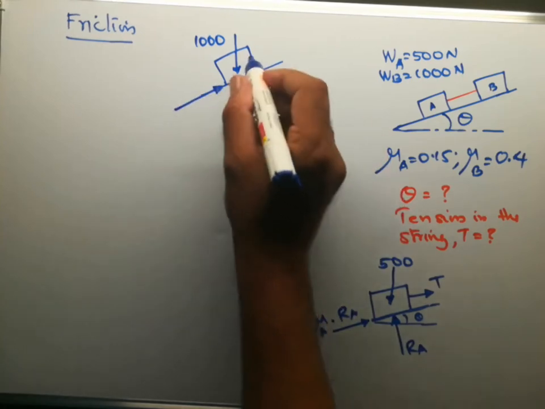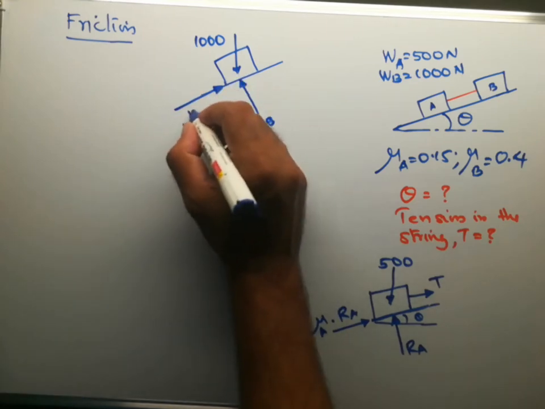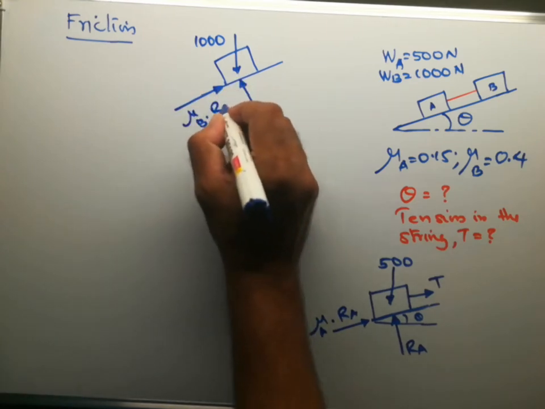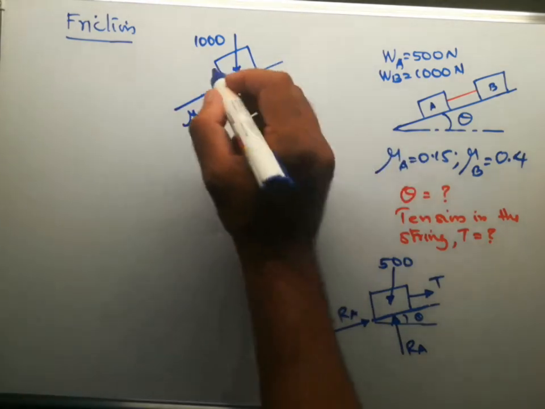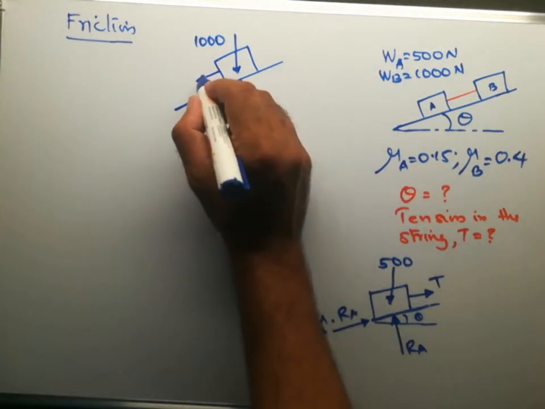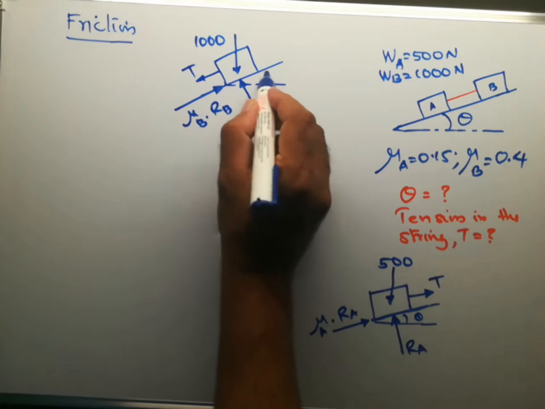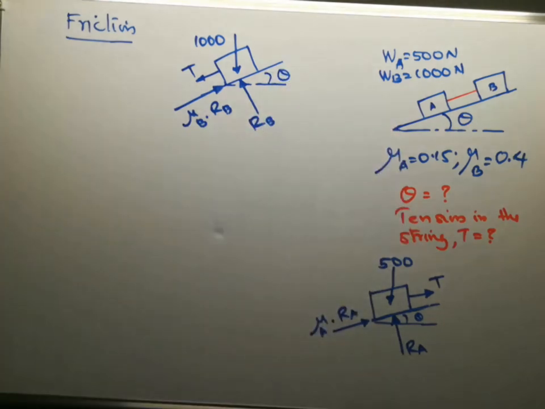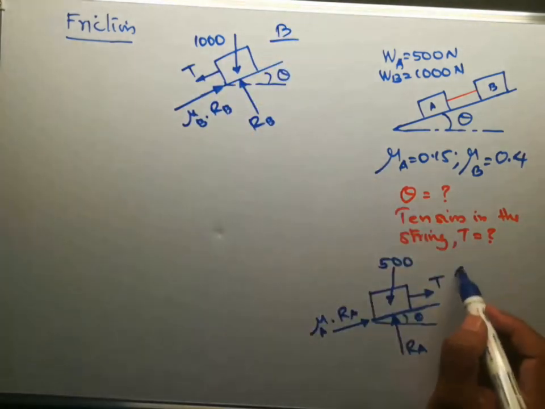As the body is having the tendency to move down the plane, this will be mu B into RB in the upward direction, opposite to that of tendency of motion, and this will be the tension, and the angle of the plane is theta with the horizontal. So these are the forces acting on block B. This is block B, this is block A.